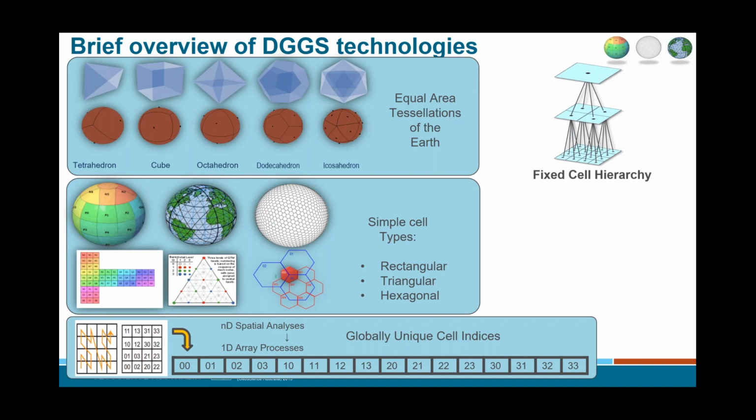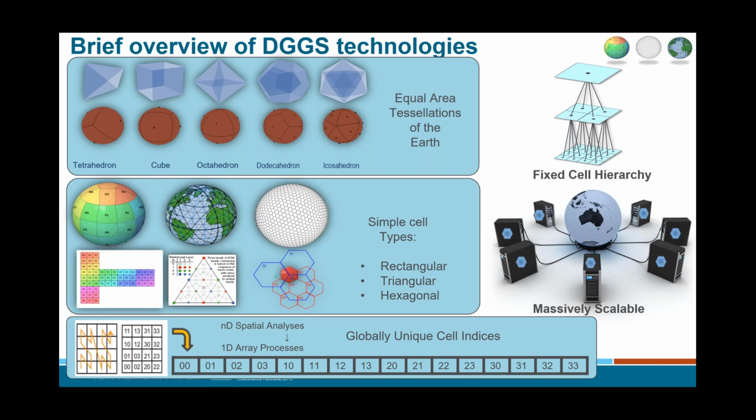You can have different data all stored at different levels, but fundamentally, the DGGS allows you to combine and integrate all of that data in a consistent and standardized way. And I'll show some examples of how we've been doing this in Australia later on.